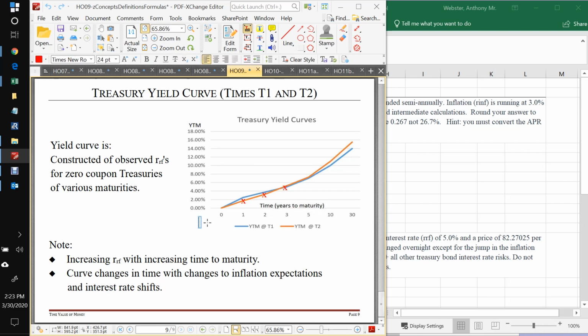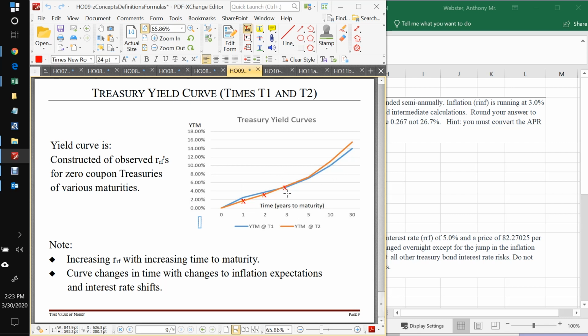And as we'd expect during normal conditions, if we draw a line between all the x's, we get an upward sloping curve, and that's because the longer time we want to invest in a treasury security, even though it's pretty low risk, the more interest we want from that. And this shows us very clearly our duration risk for the treasury.